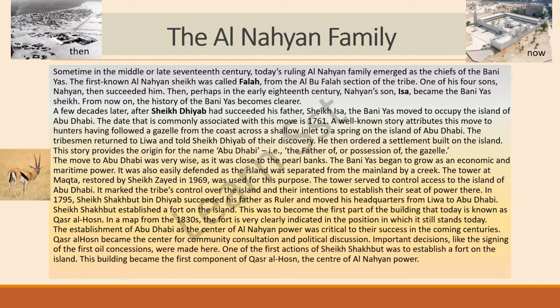A well-known story attributes this move to hunters having followed a gazelle from the coast across a shallow inlet to a spring on the island of Abu Dhabi. So there was a shallow inlet of water, and from that they went to a spring region, and that spring was found in none other than the island of Abu Dhabi.